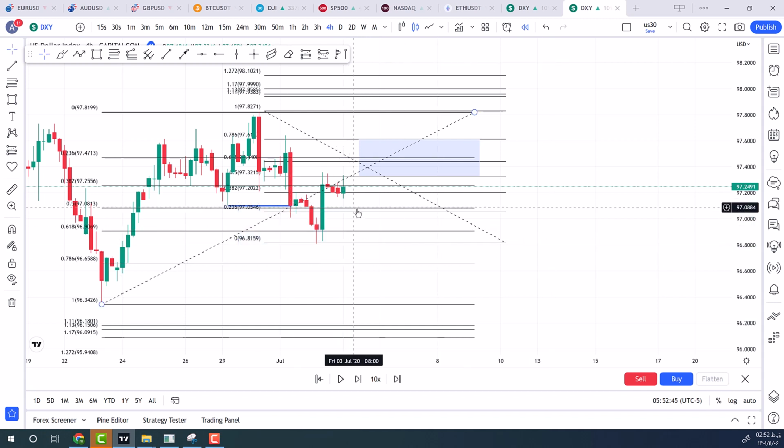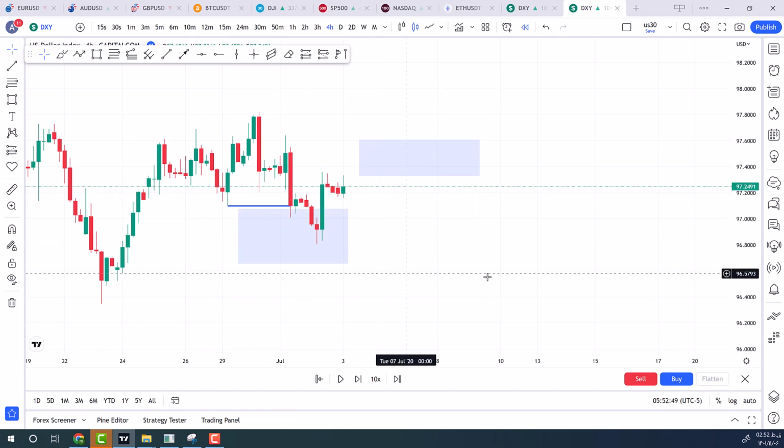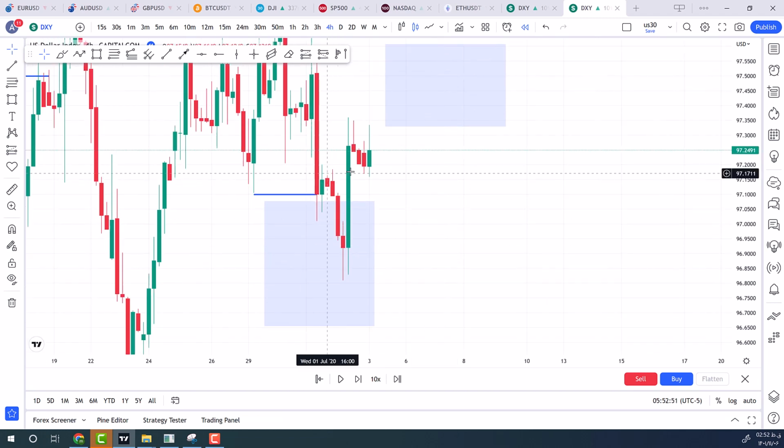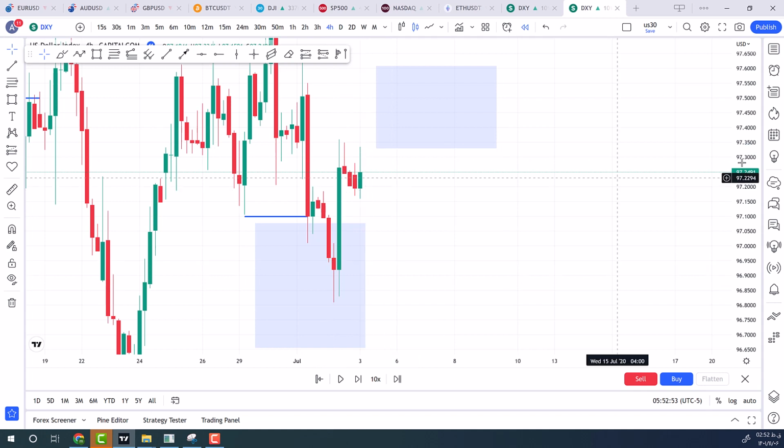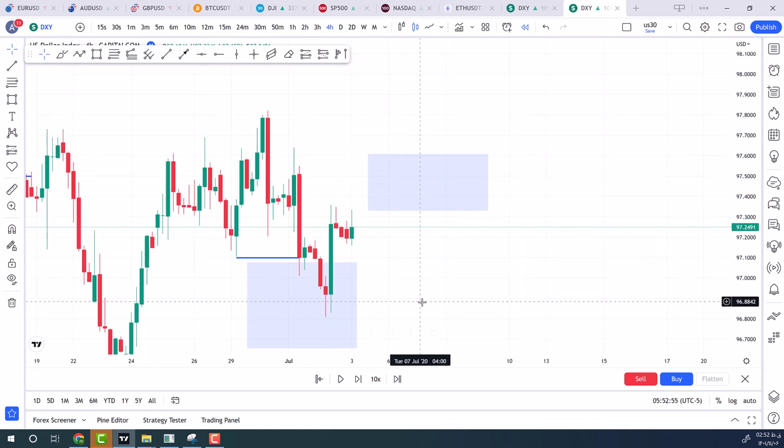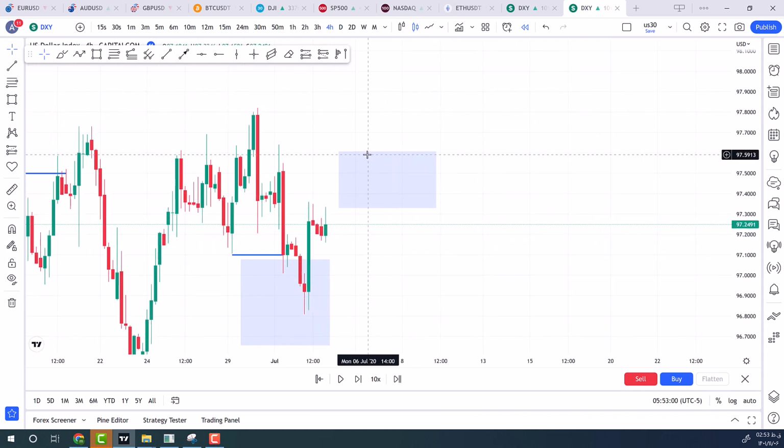So we could take entries here that I'm going to talk about, and it is a very good trade. It is going to go up, I think, and this will not work out, I don't know, but I think that's the more probable to take these buys.